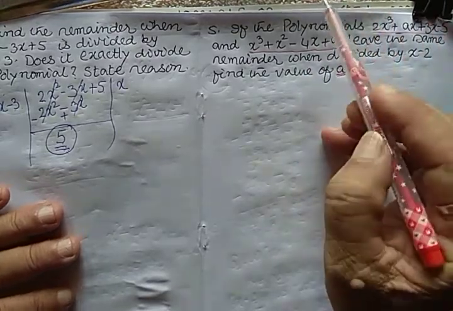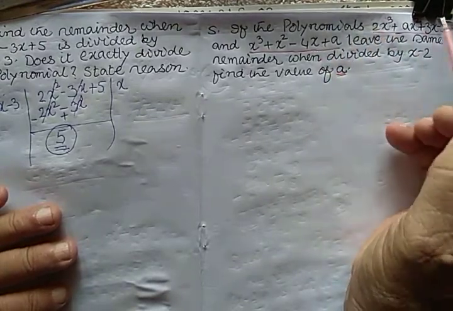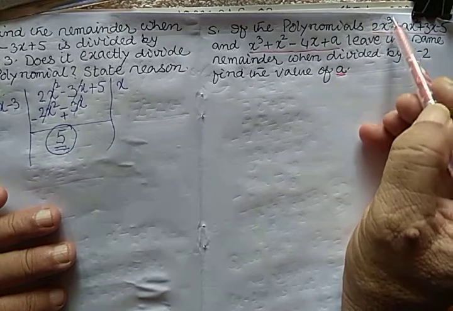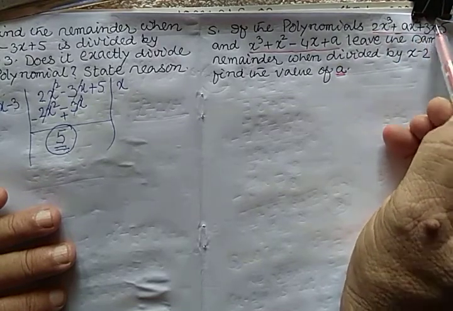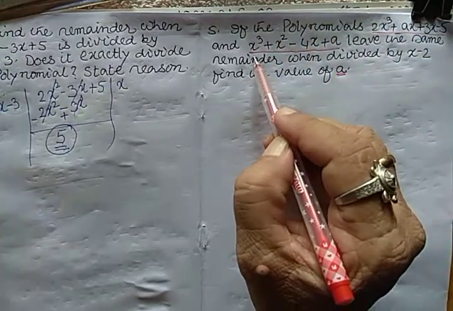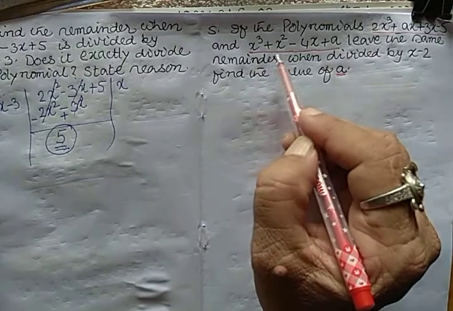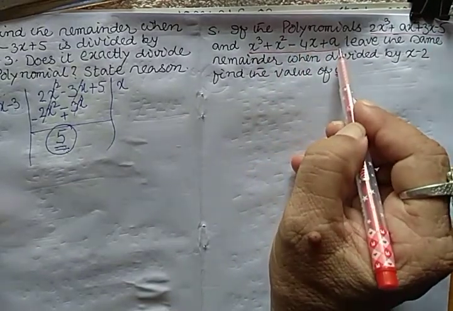Let me read again. You see, two polynomials are given. What is the first polynomial? 2x cube plus ax square plus 3x minus 5. What is the second polynomial? x cube plus x square minus 4x plus a.